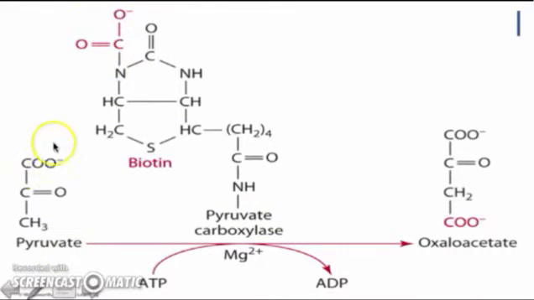And then we see with pyruvate, which is a 3 carbon structure, we see that the CO2 is going to be added to the pyruvate to form oxaloacetate. And we also see with many of these reactions, they're going to be ATP dependent. So we see ATP involved, and then magnesium also being involved as a cofactor.